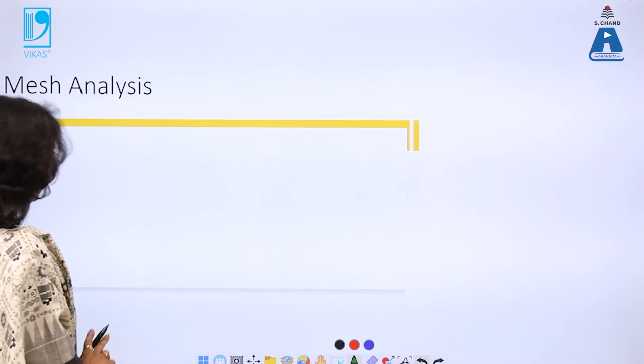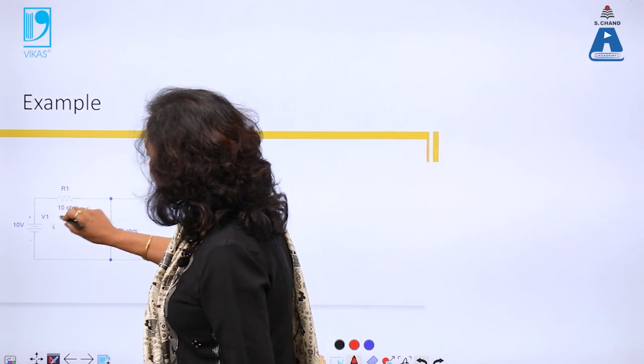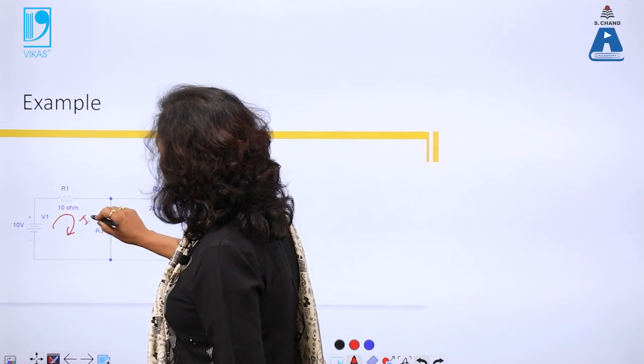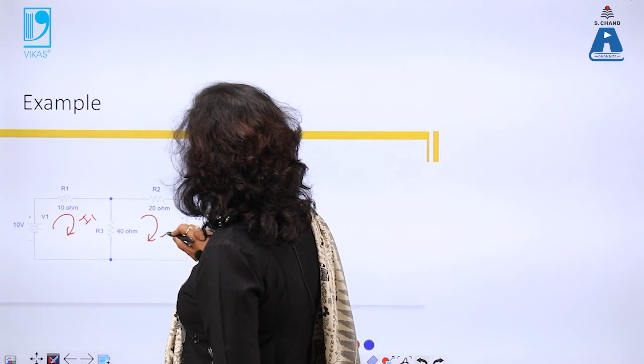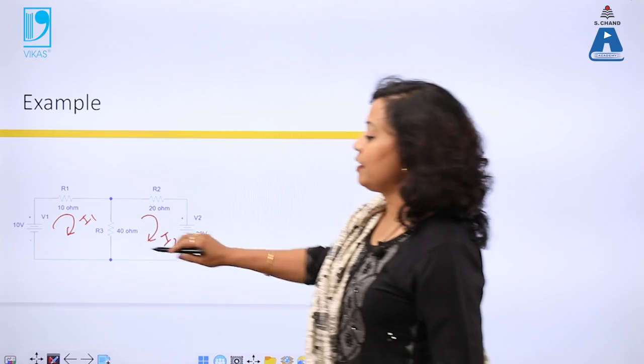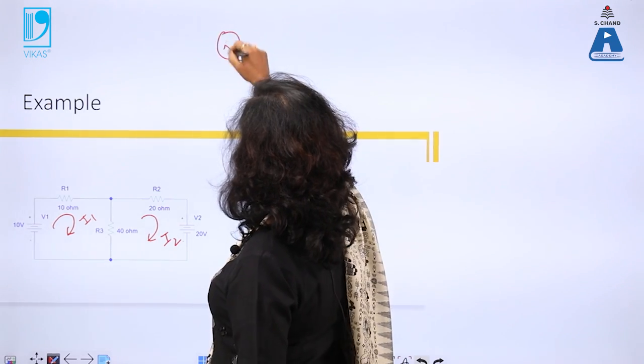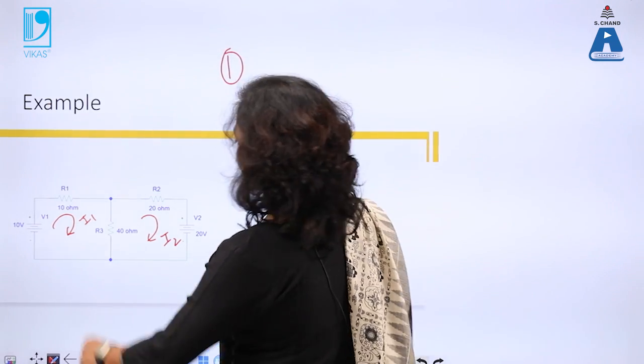Okay, let me take an example. So I have two loops. I'll take two variables, current I1, current I2. Now I have to find two equations because there are two variables I1, I2. So let me start with the first loop, loop 1.